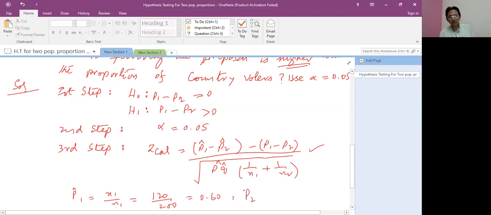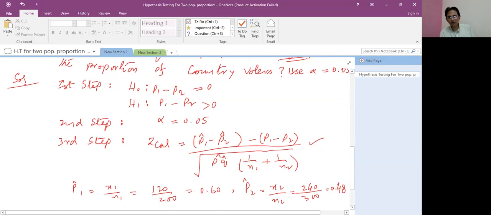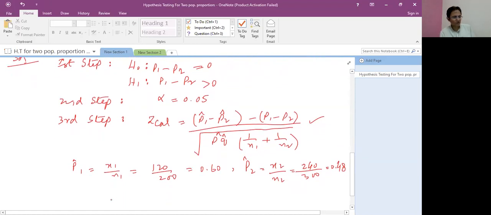P2 cap is X2 over N2, 240 out of 300, so the proportion is 0.48. What is P cap?